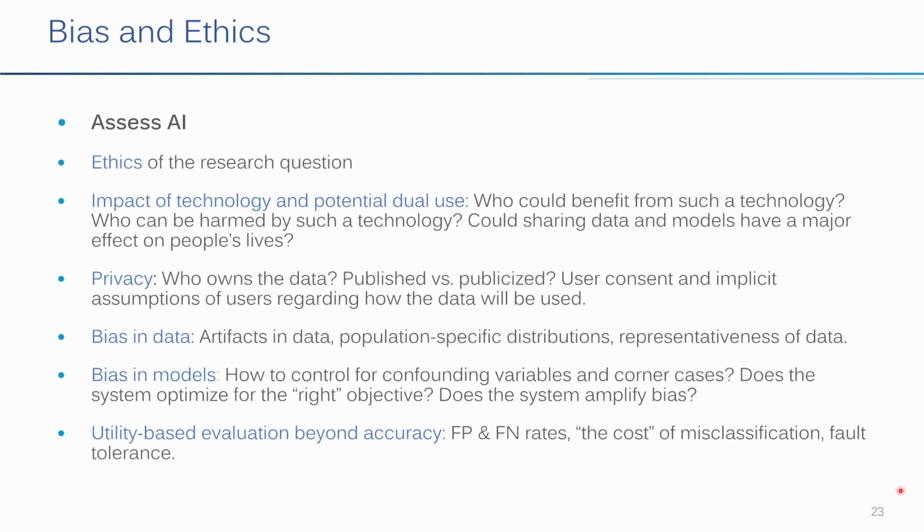We should consider the impact, the real impact, not just on the metric of false positive and false negative rates. Sometimes it's not that problematic to have a false positive, but a false negative can be devastating, or the other way around.